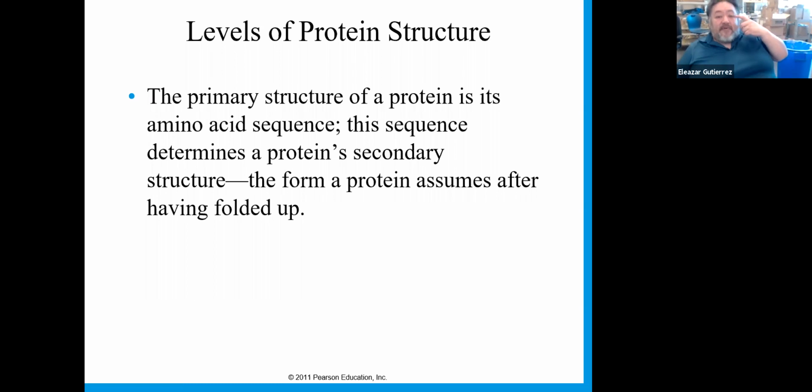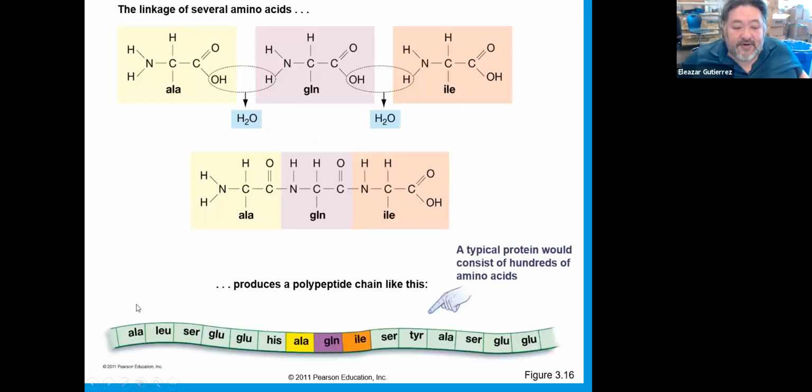Okay, again, proteins are the most complicated of all because there's a hierarchy to the structure. There's what's called the primary structure of the protein, which is the amino acid sequence, okay? So, for example, here we have the amino acids alanine, leucine, serine, glutamine, histamine, alanine, on and on and on.